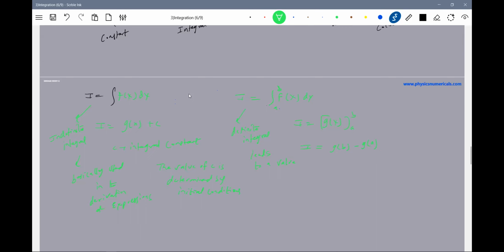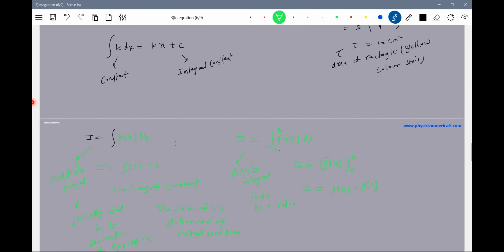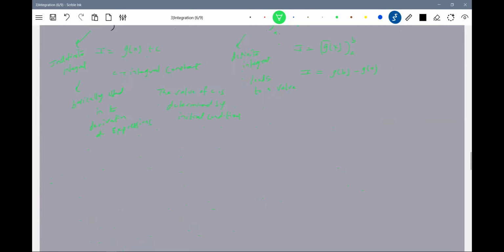So what is the integral of a constant? We have already seen that the integral of k dx is equal to kx plus c, where c is an integral constant. Okay, we will put all the different types one by one. First, if I go for the integral of a into f of x dx, where a is some constant, then it will become a times the integral of f of x dx.